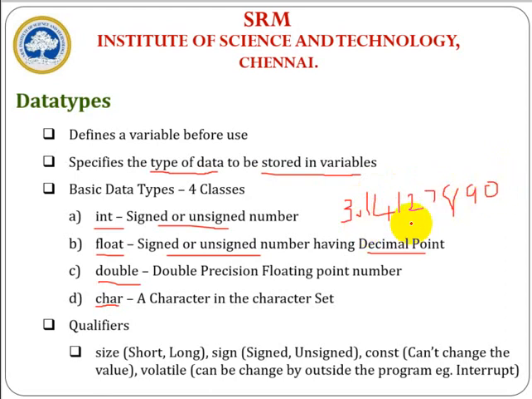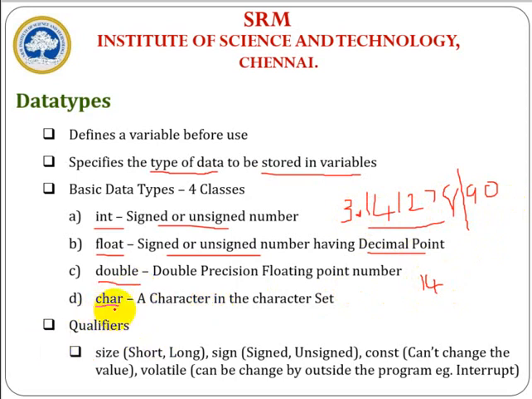If I want to go beyond 6 digits of precision, then I need to declare my data type as a double. A float data type can handle only 6 digits after the decimal point, but the double data type can go up to 14. So you can hold 14 digits after the decimal point. When you need a more accurate result, you can use a double.